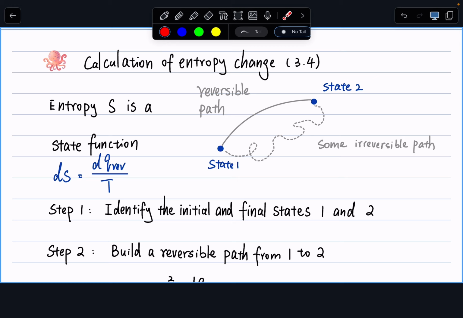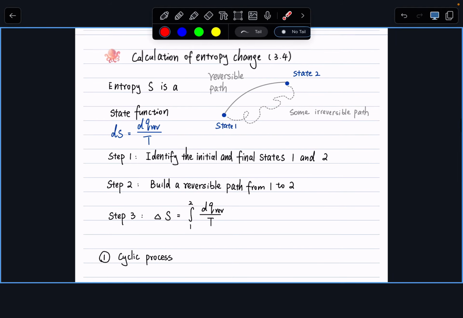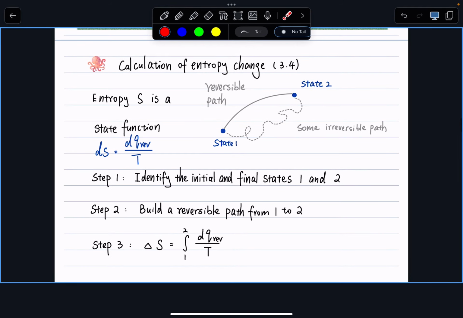All right, so different from our previous situation when calculating delta U or delta H, you only need to identify the initial and final state and then we're ready to go. But in here, when calculating delta S, on top of identifying our initial and final states, 1 and 2, we want to somehow be able to build a reversible path from 1 to 2. And then we can calculate delta S using the integral.